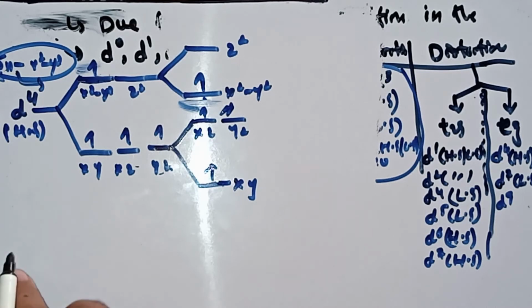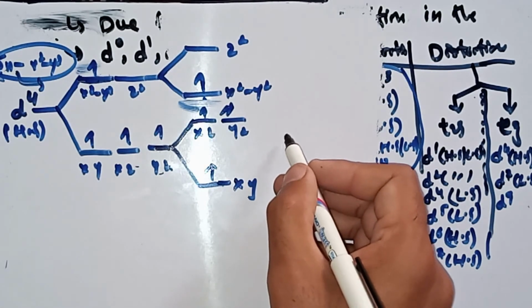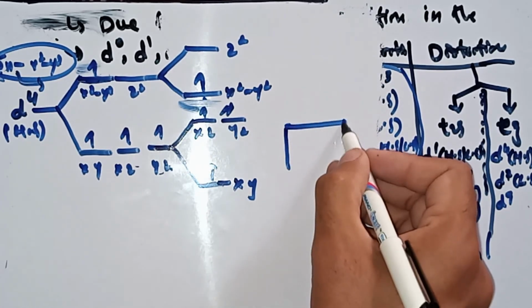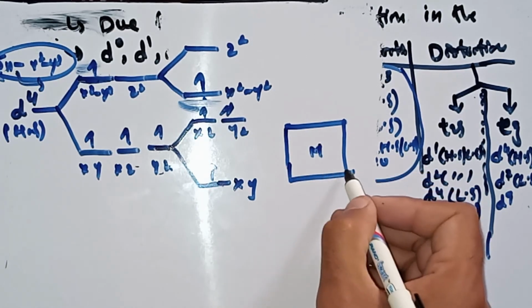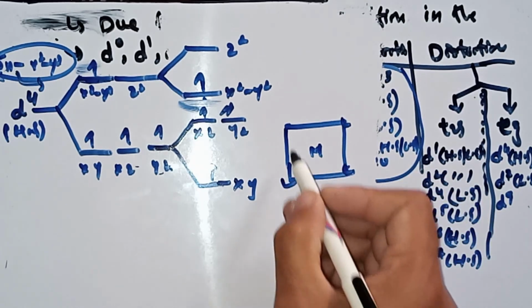Let's suppose there is a central metal atom. Here the ligands are in between the axes.